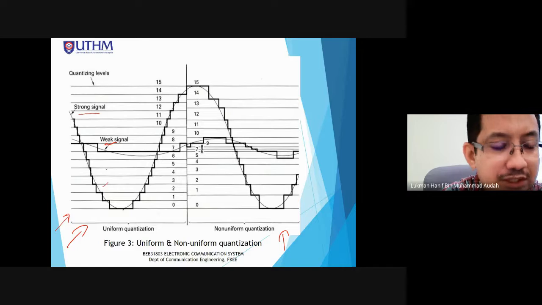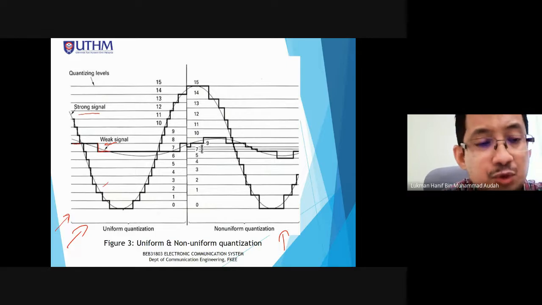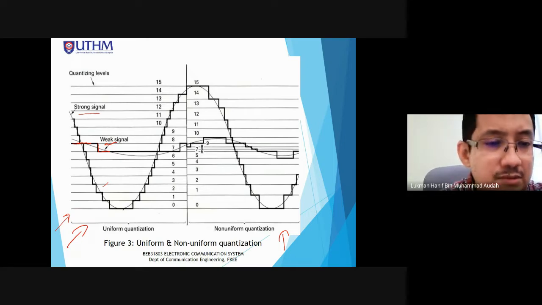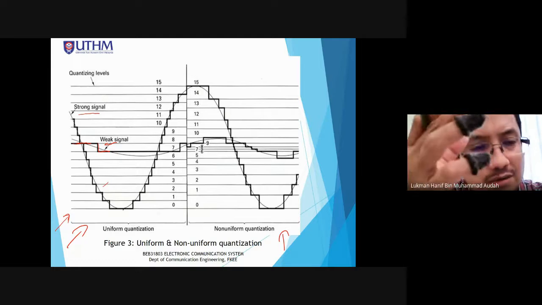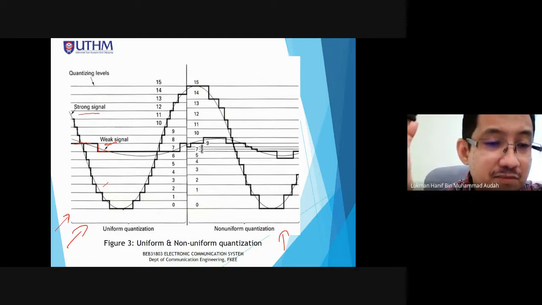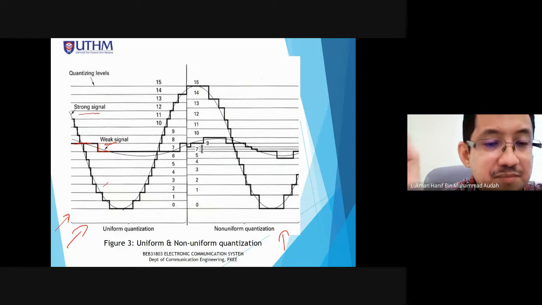Tetapi untuk weak signal, dalam example ini kita ada lebih kurang 2 level sahaja untuk kita buat quantization, which is not good. Theoretically it's not good, because the number of levels we assign for weak signal is only 2 or 3, for example, compared to the strong signal, we can assign many levels.